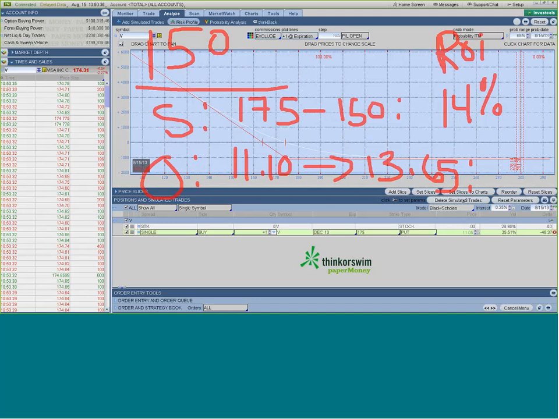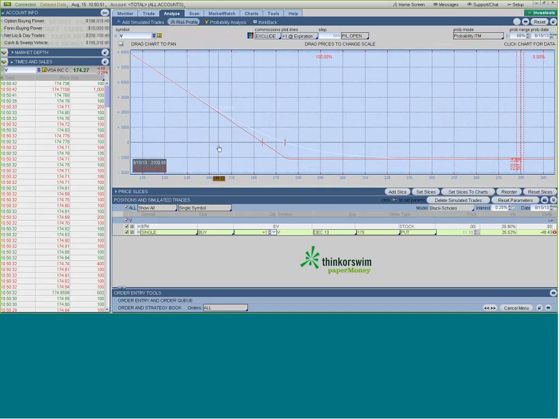I'm sorry, I got to erase all this. And look, if the stock goes to 150, it is better than that. It's about $1,400.